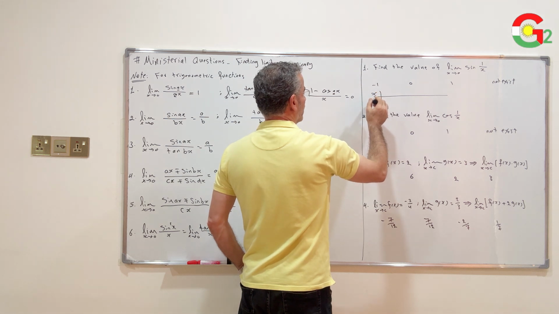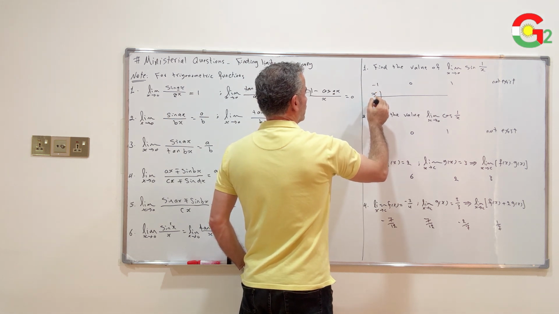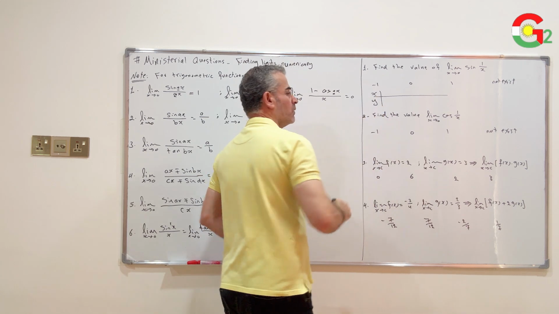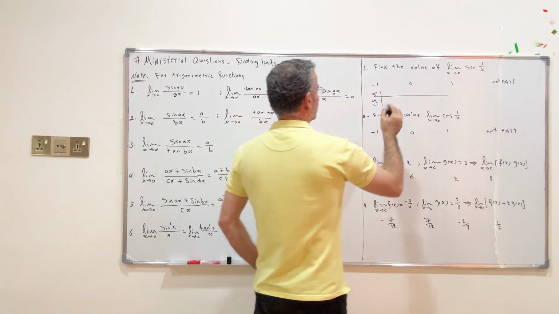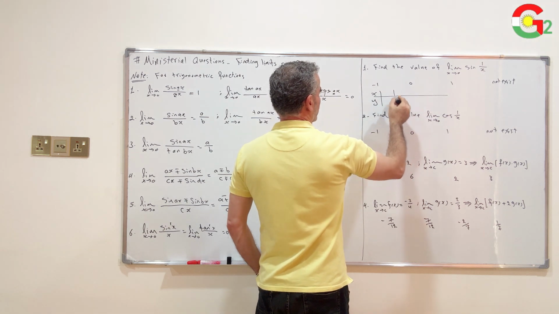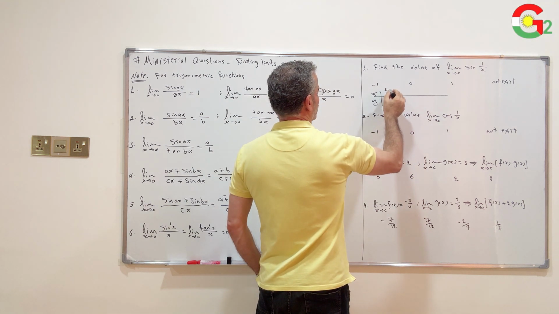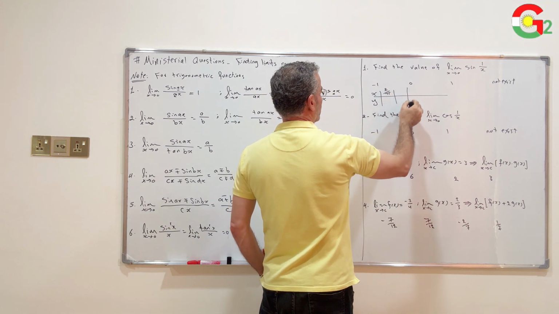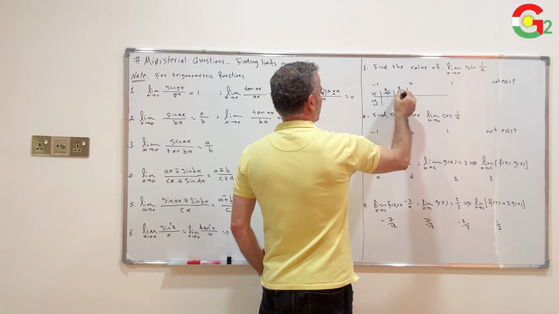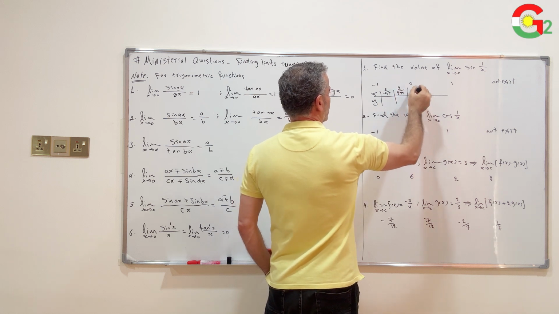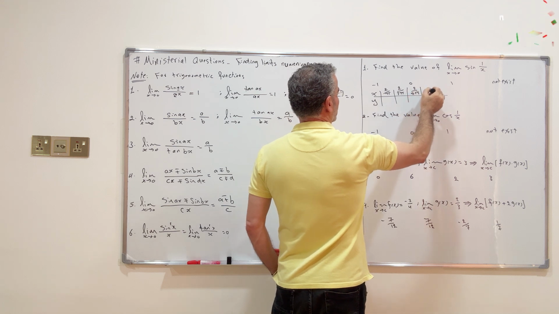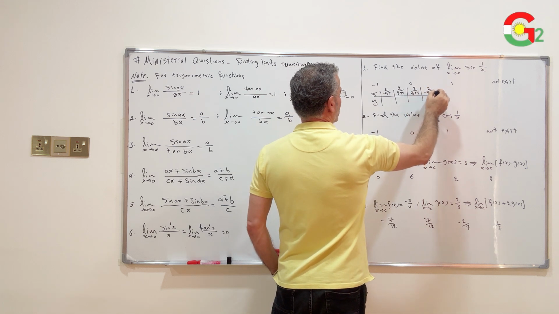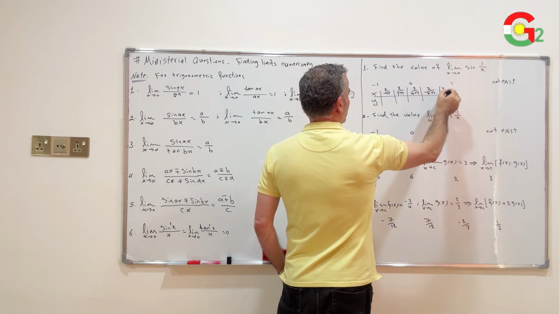I'll find several values for x as it approaches 0. I'll take 2 over pi, 2 over 3 pi, 2 over 5 pi, 2 over 7 pi, 2 over 9 pi.